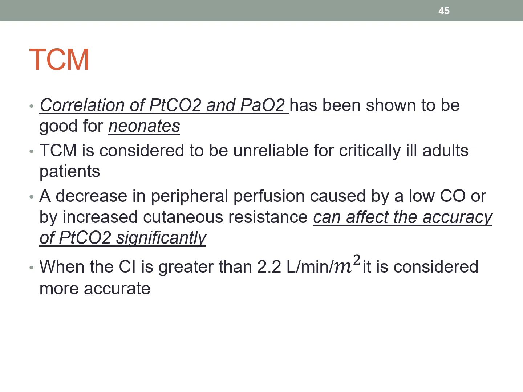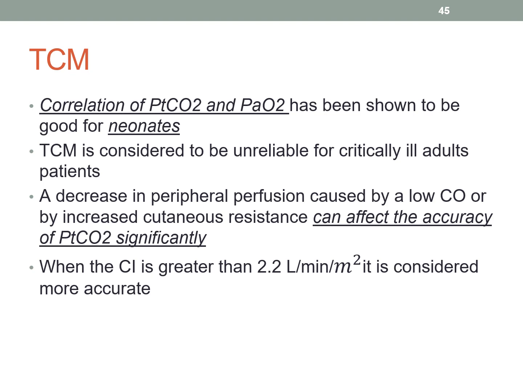So the correlation between the transcutaneous oxygen value that you get off the machine and the PaO2 has been shown to be good for neonates. It's not very reliable for critically ill adult patients, generally because they have a lot of perfusion issues. Plus we have a lot more fat.